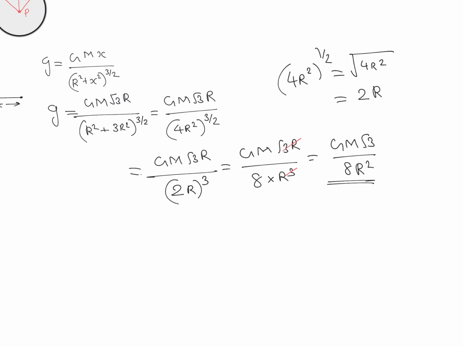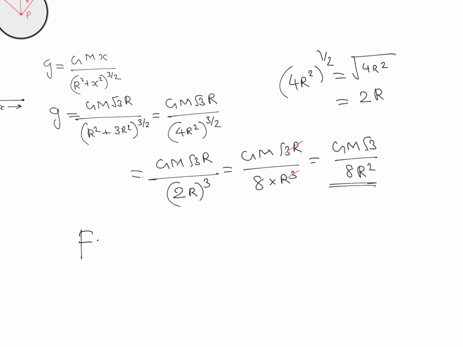Now in the question they are asking to find the value of the force acting on a sphere of mass 8m which is kept on the axial line. So we are to find the value of force, but what we calculated is the gravitational field, not the force. If they are asking for the force, then force is equal to mass into acceleration due to gravity.